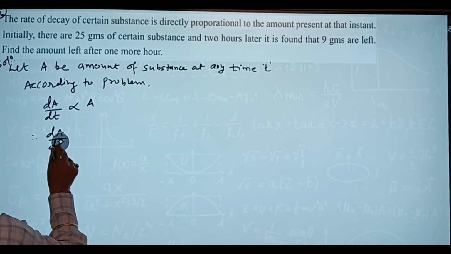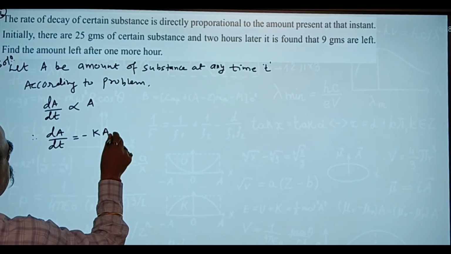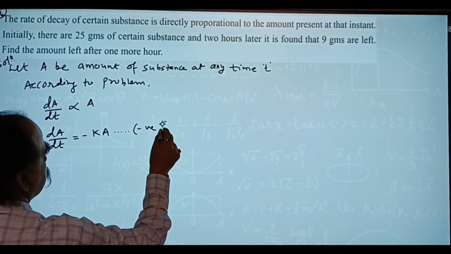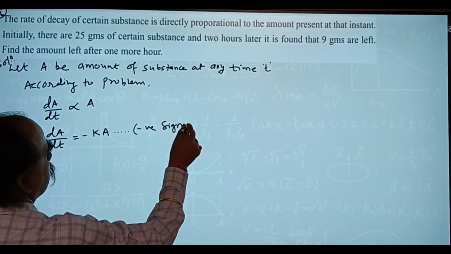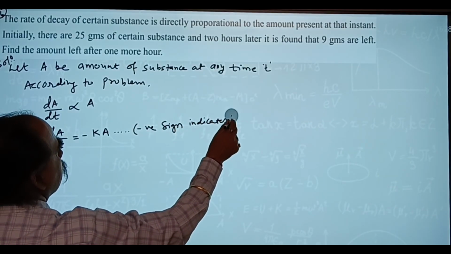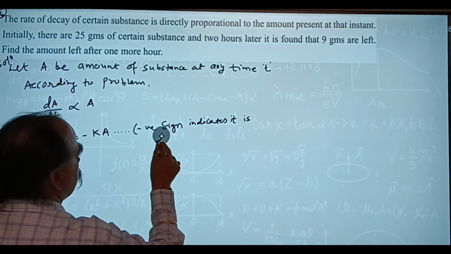dA by dt is what? Negative sign indicates it is decreasing.